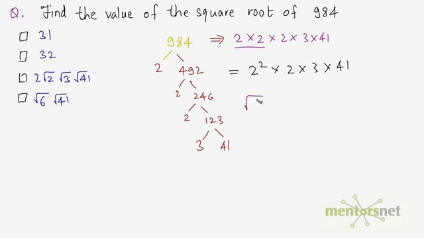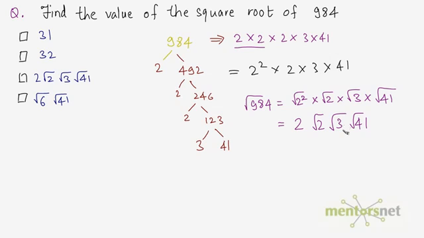We have under root of 984 is equal to under root of 2 square times under root of 2 times under root of 3 times under root of 41. Taking the under root of 2 square, we get 2. Then we have root 2, we cannot calculate it right now. Then root 3, then root 41. Of course, you can calculate the under roots of non-perfect square numbers and these come out in decimal points. But right now we can keep it as it is because we have got our answer.